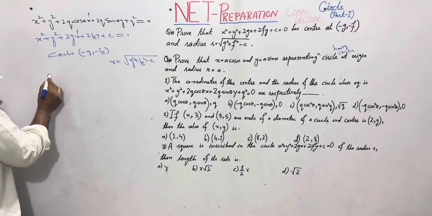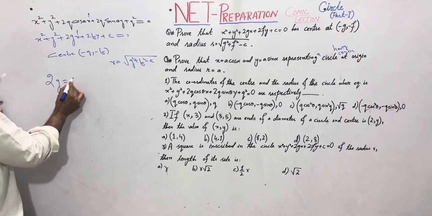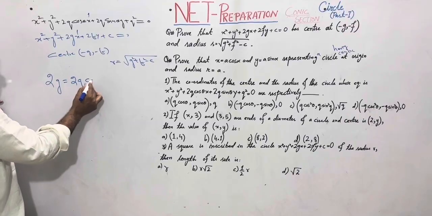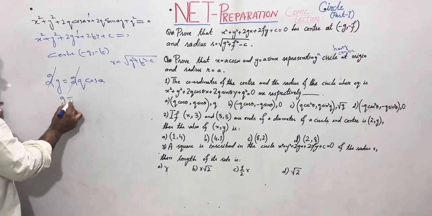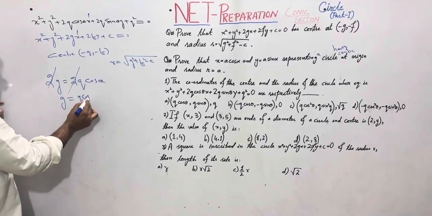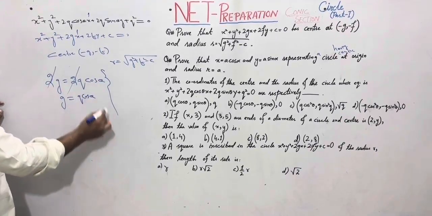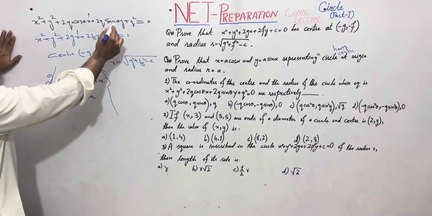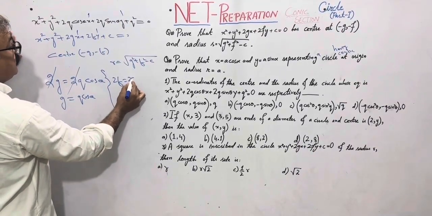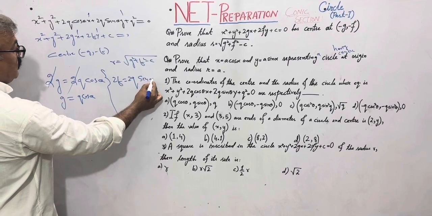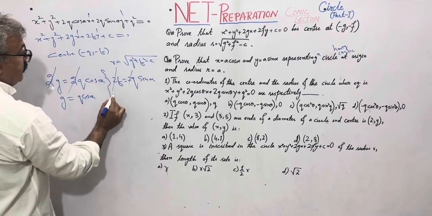We have 2g is equal to 2 times q times cos theta. 2 cancels out, g is equal to q cos theta. Similarly, comparing the coefficients of y power 1, we have 2f is equal to 2q sin theta. 2 has been neutralized.